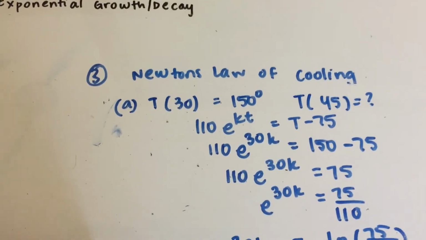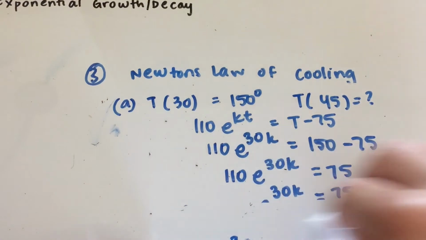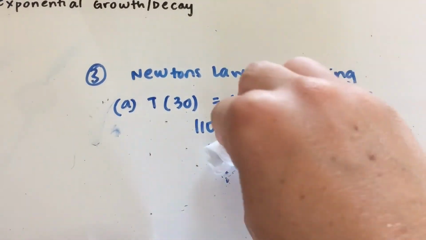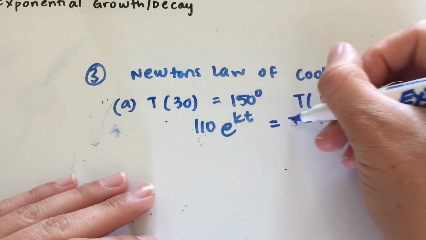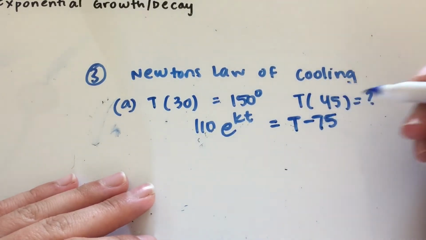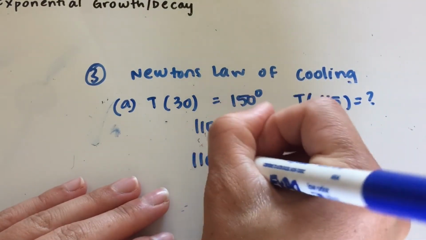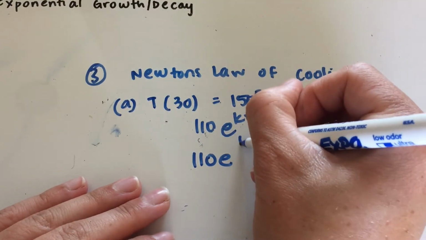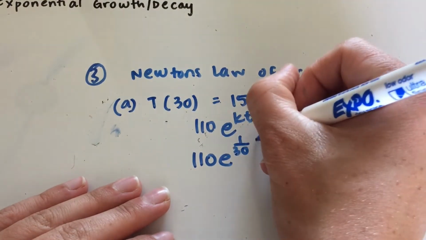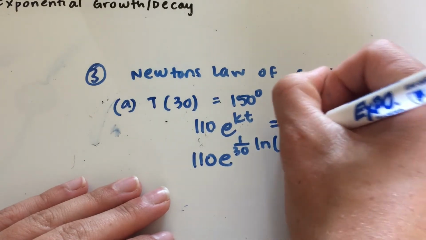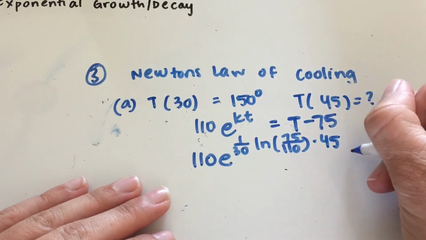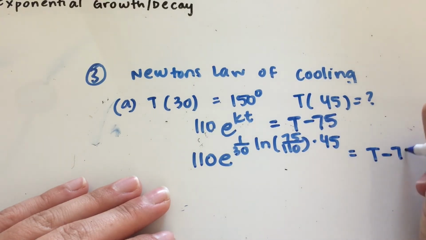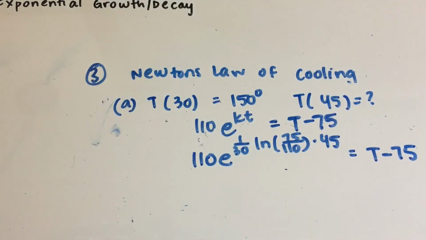And now we have everything we need to solve for the temperature after 45 minutes. So we have 110 e to the 1 over 30 times ln 75 over 110 times 45 minutes is equal to the temperature minus 75.